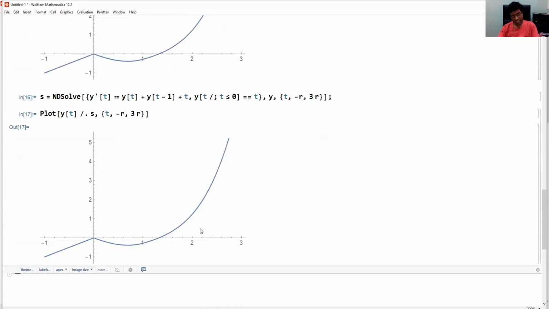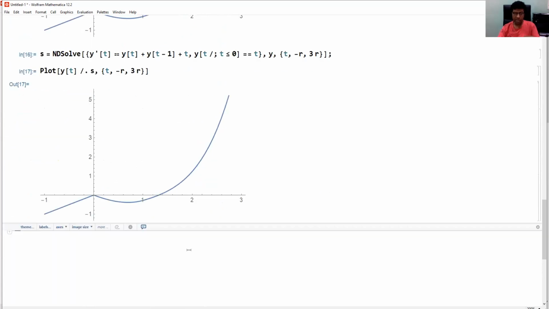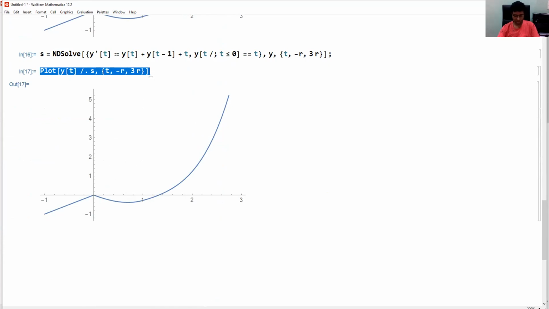Okay, we can plot these two things in a single window also. Okay, let us see. So here we need a list. So this is the numerical solution, and our exact solution is given by X of t.